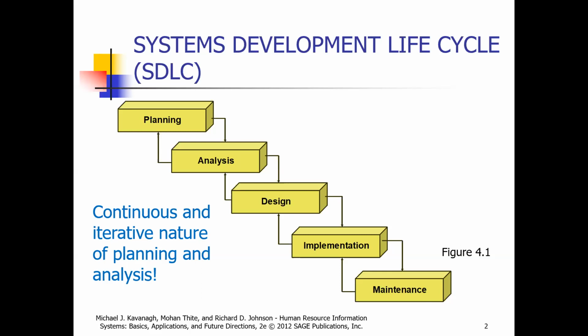And then the perfective maintenance involves tweaking or improving the existing software that we have already implemented in our organization. So we might be working to maintain in terms of taking perfective measures to improve the performance of the software ultimately.